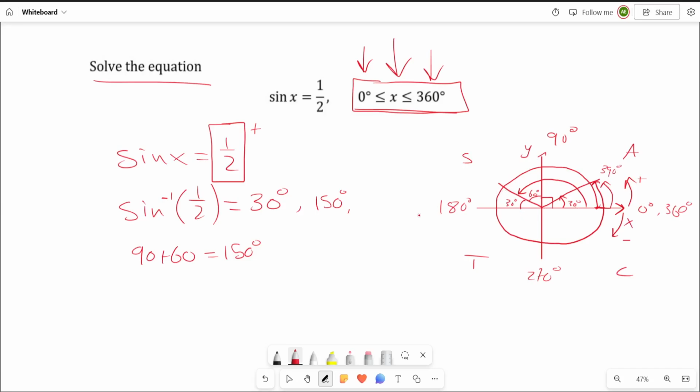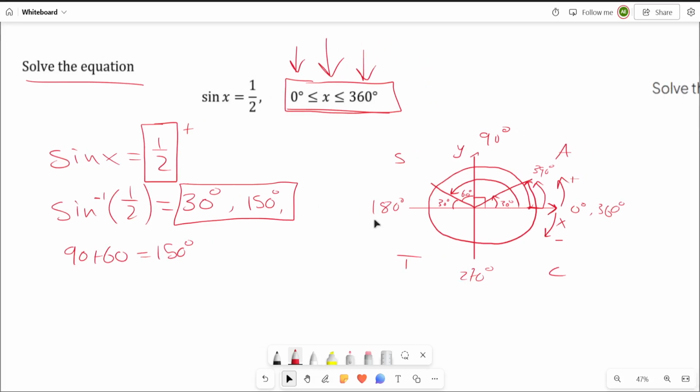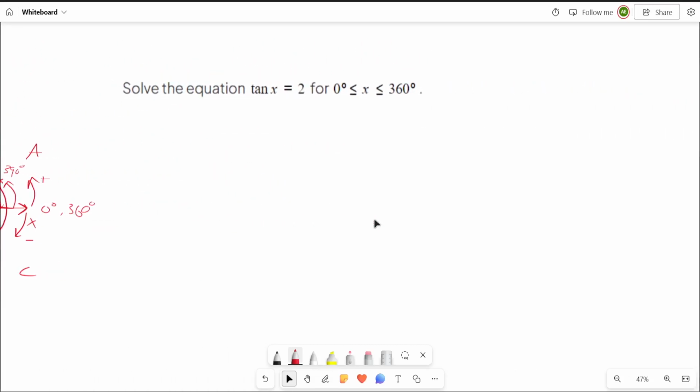If I put in my calculator sine of 390 degrees, that's going to give me a half, so this must be correct. However, this 390 is outside of my range, so I will neglect this answer and I will only take these two answers.